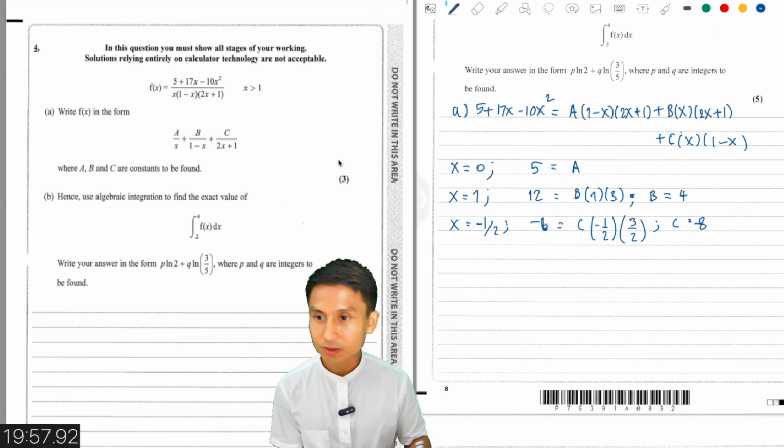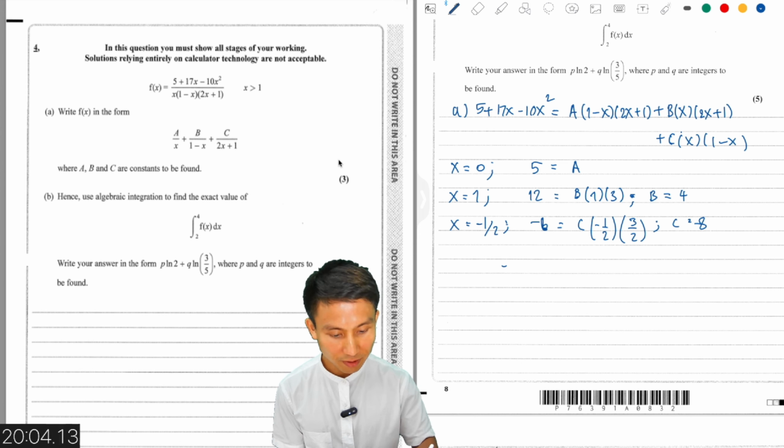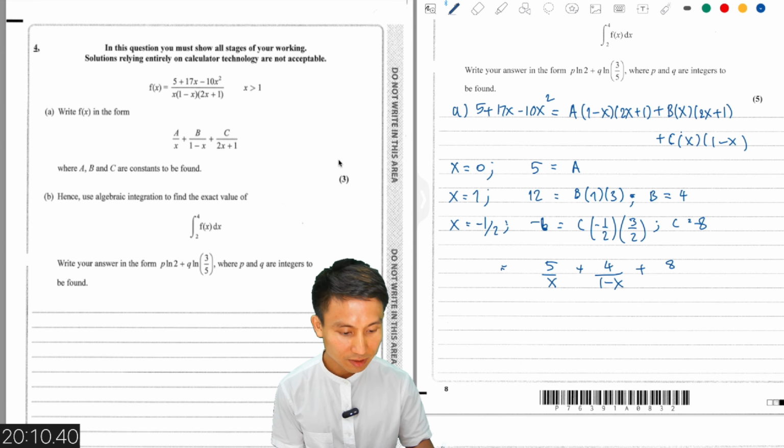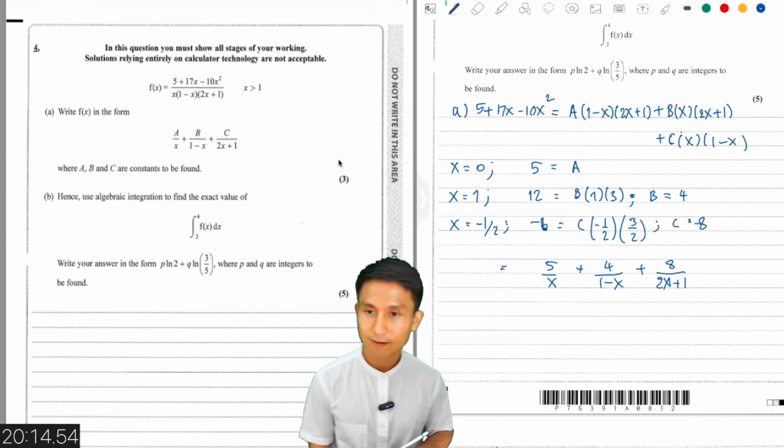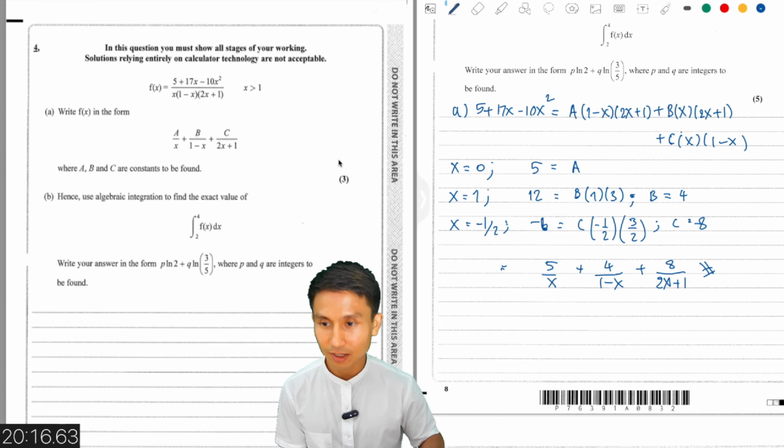Yep, I'm happy with that. So I got the A, the B, and the C. So this is equal to 5 over x plus 4 over 1 minus x plus 8 over 2x plus 1. That's the answer for part A.